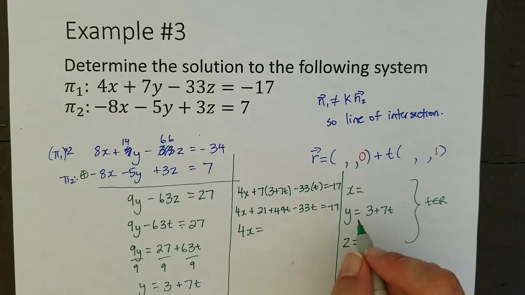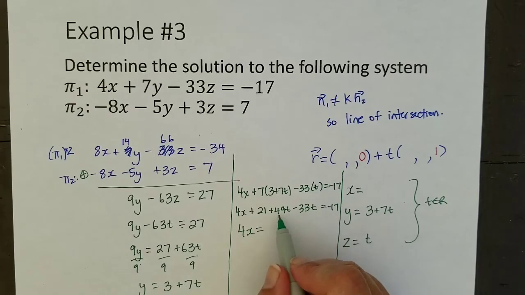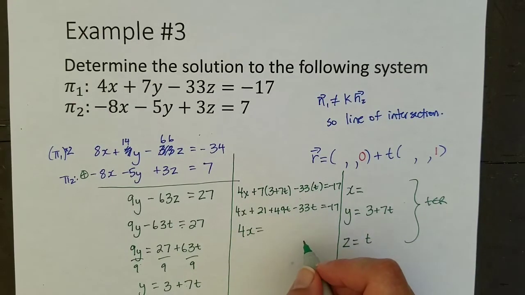4x equals 49 minus 33, that's 16t, and if I bring it to the other side, then it will be negative 16t.